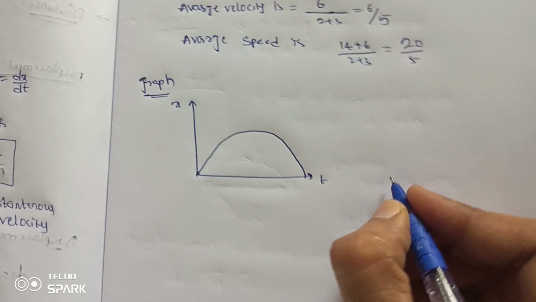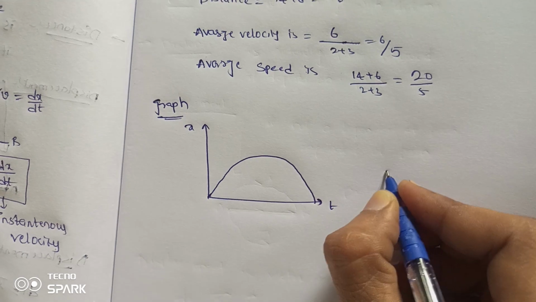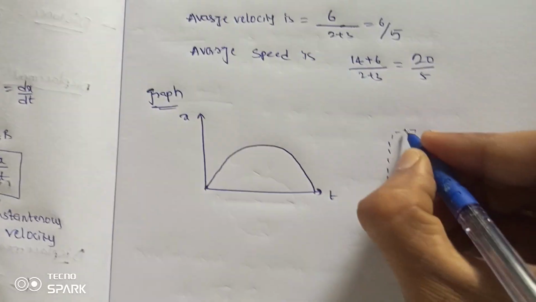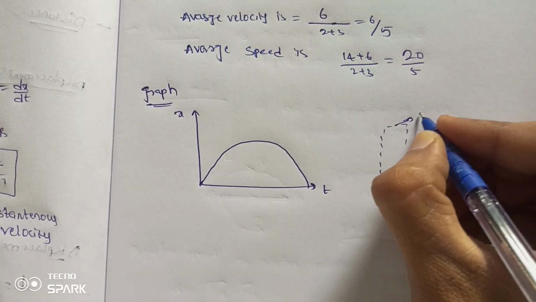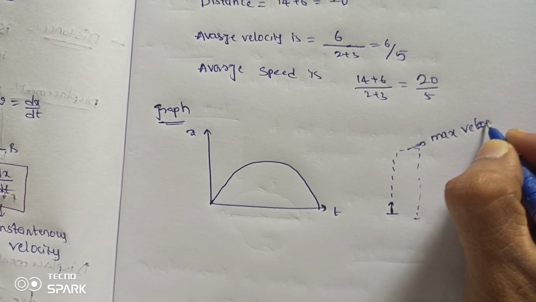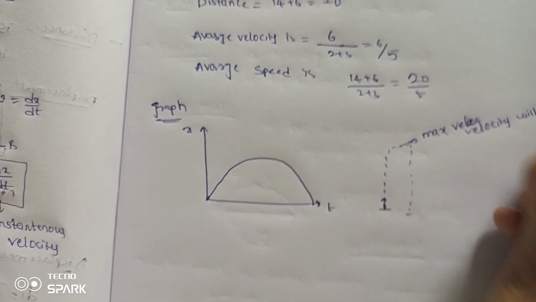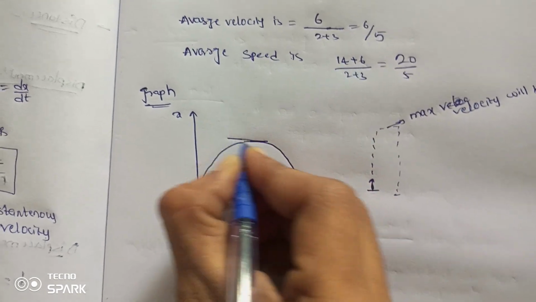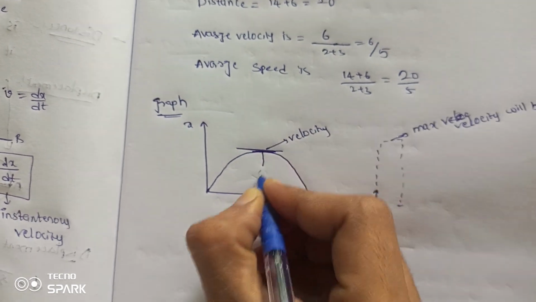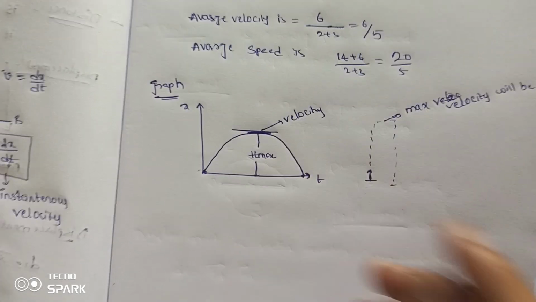This graph is explained by a ball thrown upward and returned back to the ground. At the top position, or maximum height, the velocity will be 0. It is h maximum. It has an initial position and a final position.